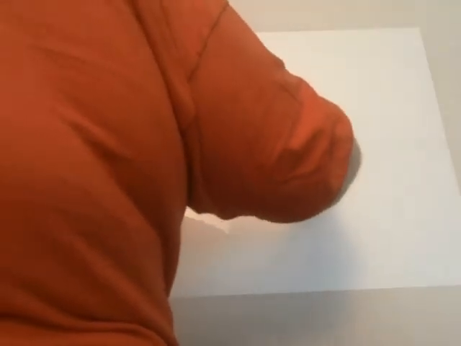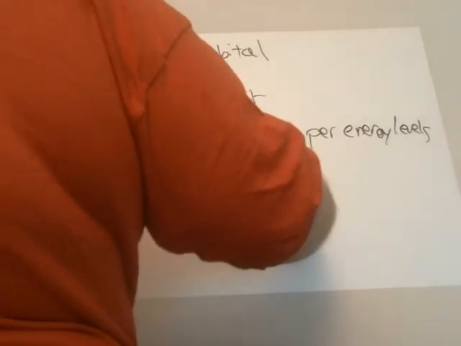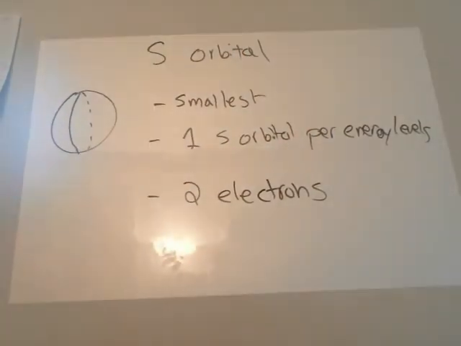There's only one s orbital per energy level, and it can hold 2 electrons. It doesn't matter what energy level we're looking at, s orbitals will only ever hold 2 electrons.